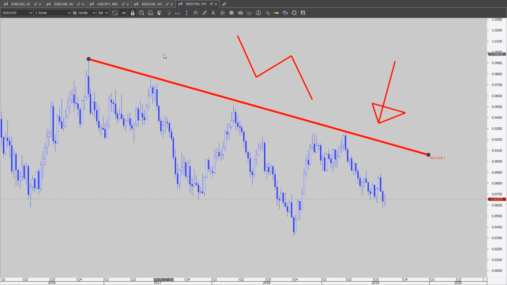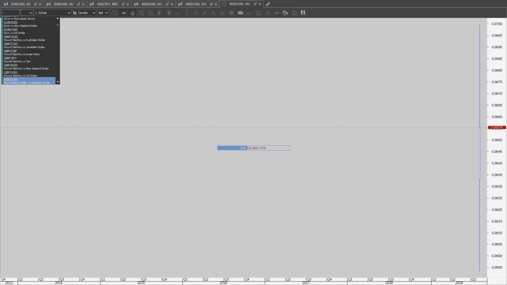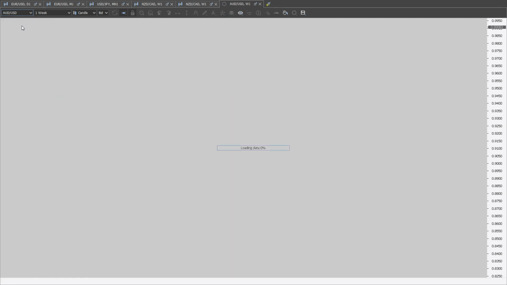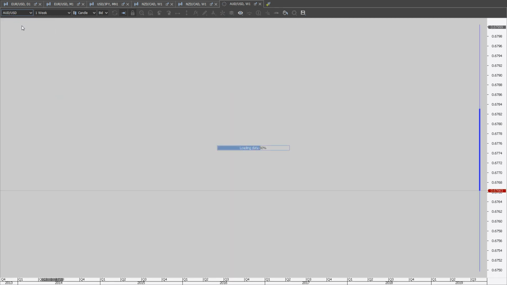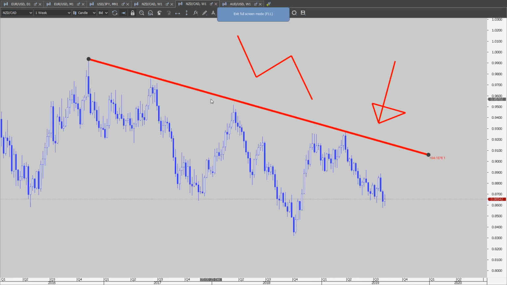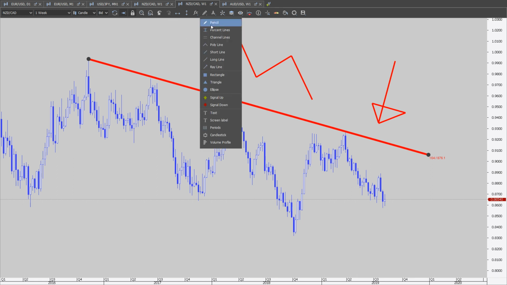Okay, so next. AUDUSD weekly chart. So with every high the market makes, if we adjust the trend line, it will never break. Great question, MJ. Great question.